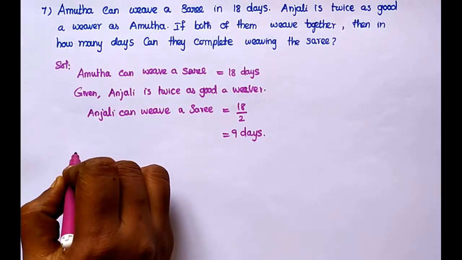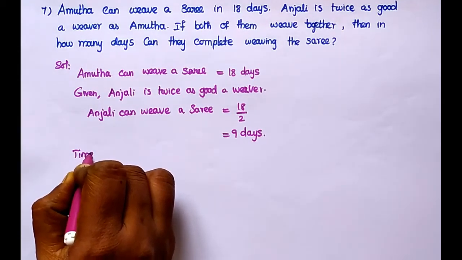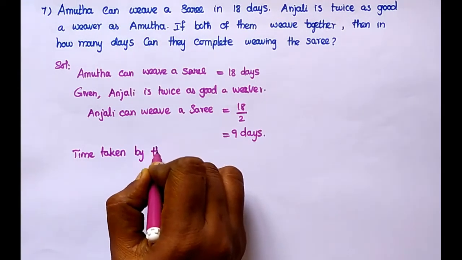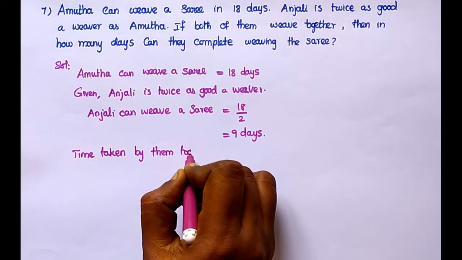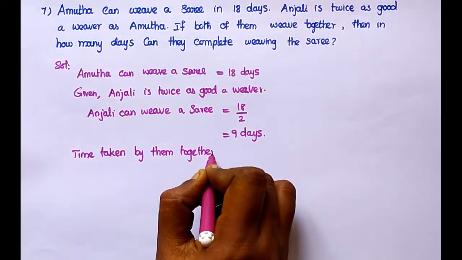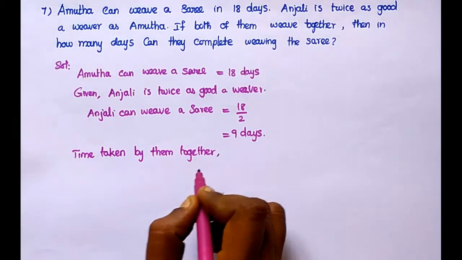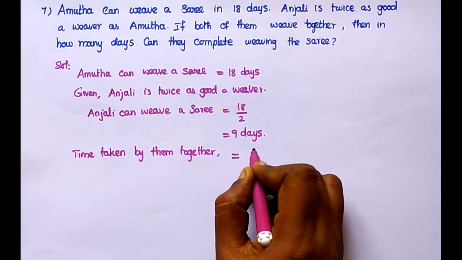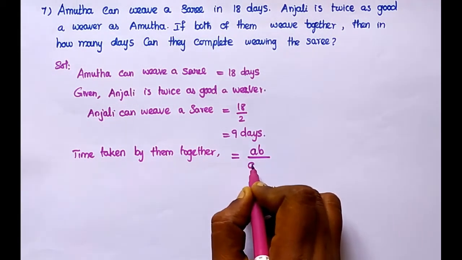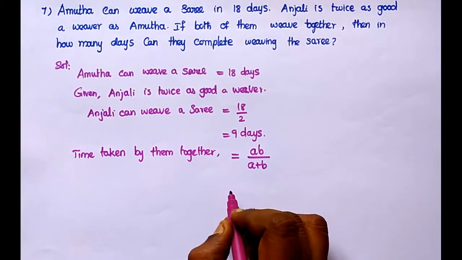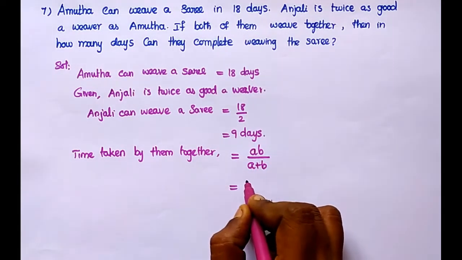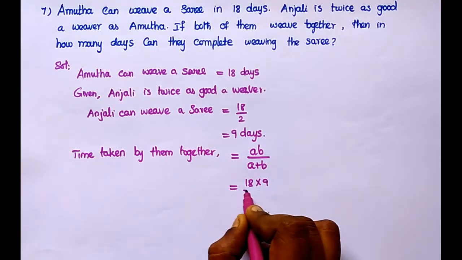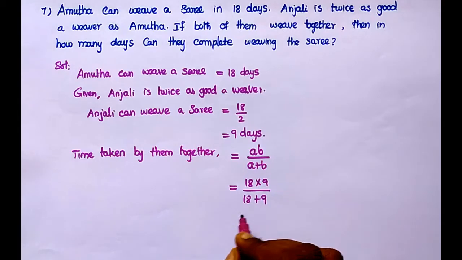Now time taken by them together is equal to AB divided by A plus B. That is the formula, no? A is 18 into B 9 divided by 18 plus 9.